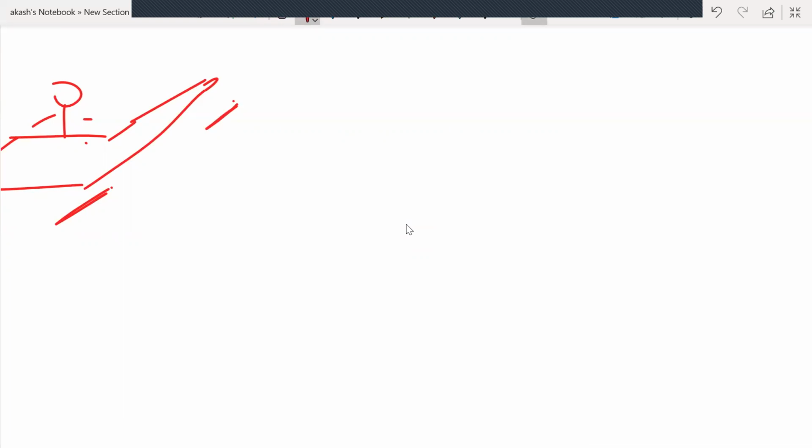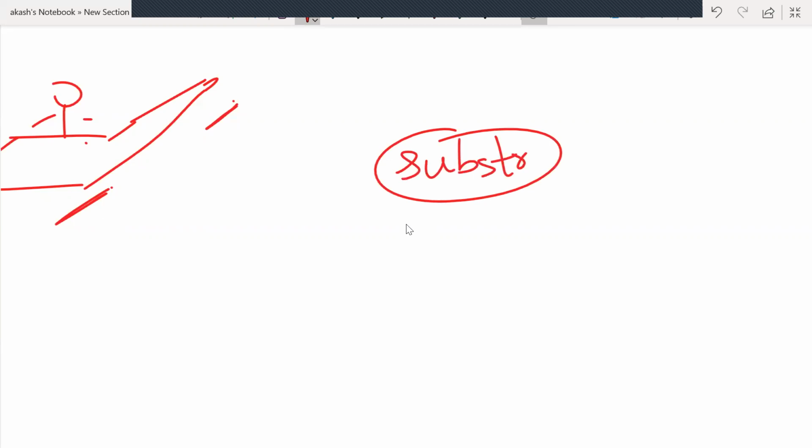I already gave you the flow chart of how an organic reaction happens. Hope you remember there are going to be substrates. These substrates are going to be attacked by reagents.